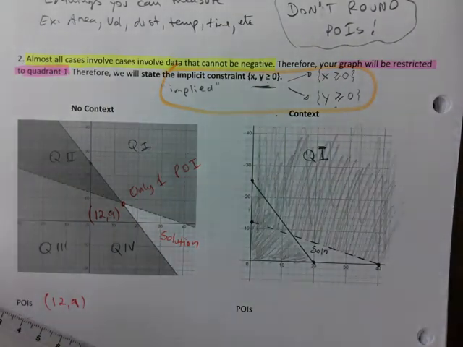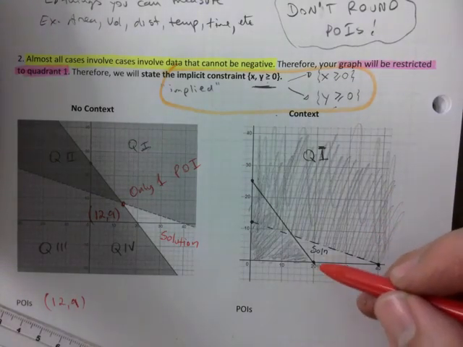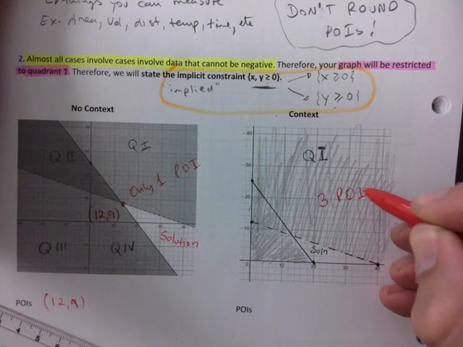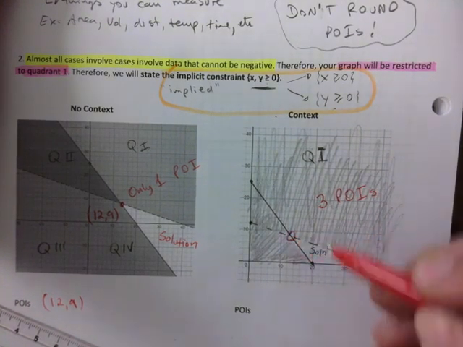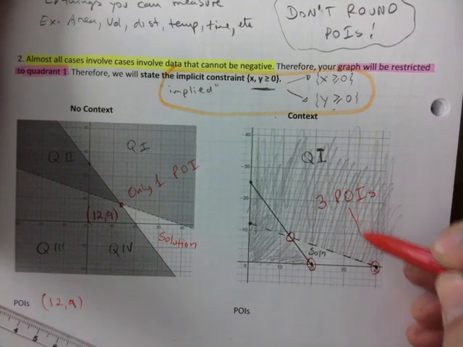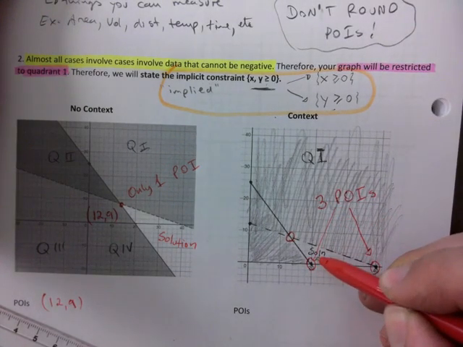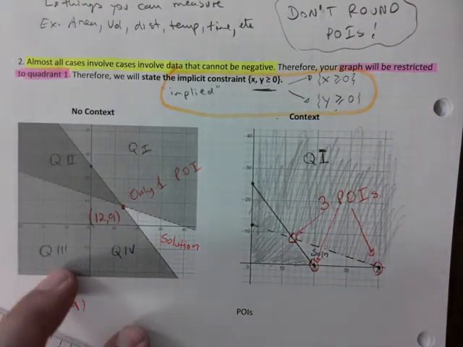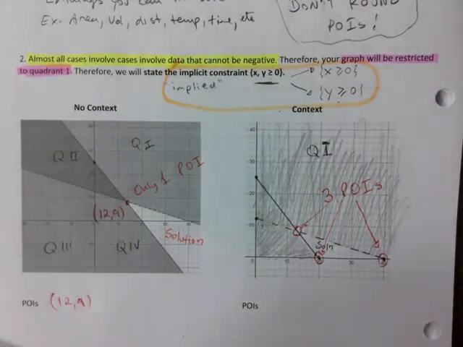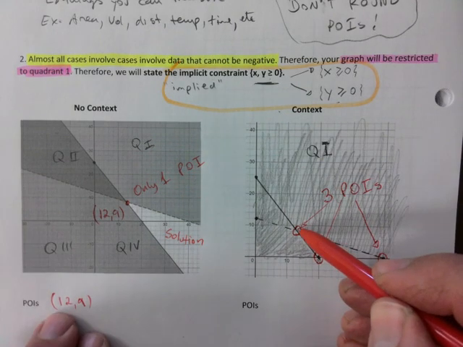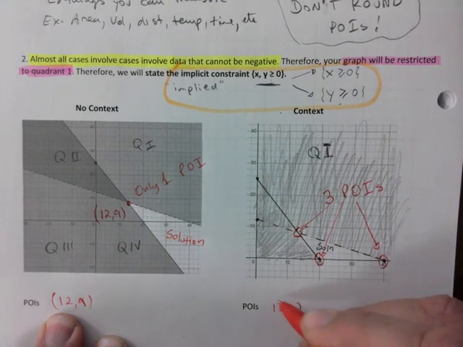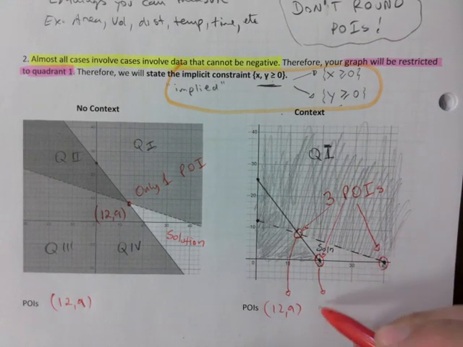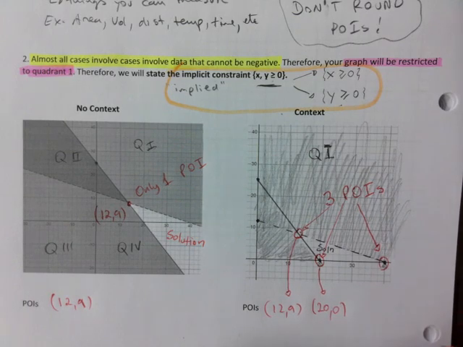Here, in this case, the x-intercepts are POIs. So we have 3 points of intersection: 1, 2, 3. 1 there, 1 there, and 1 there. So 12.9 still stays. That's this one. This one right here is 20, 0.